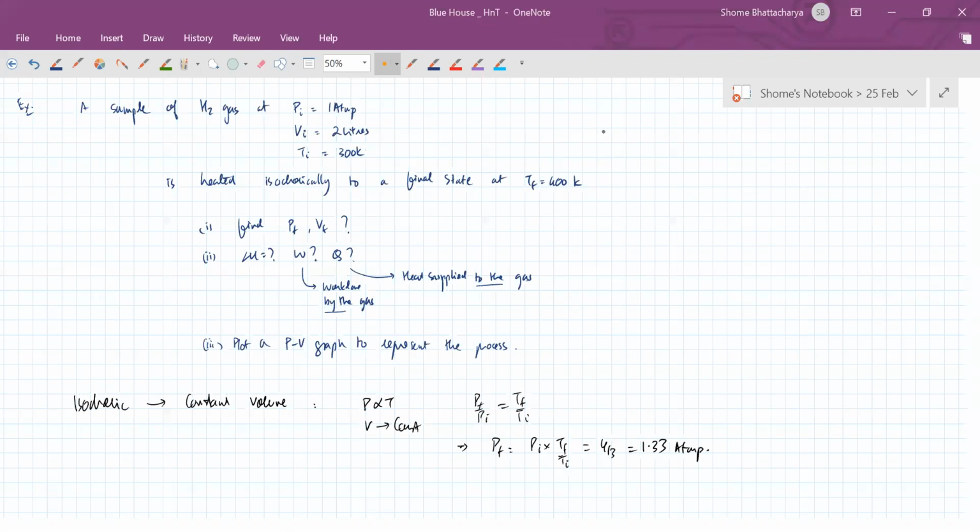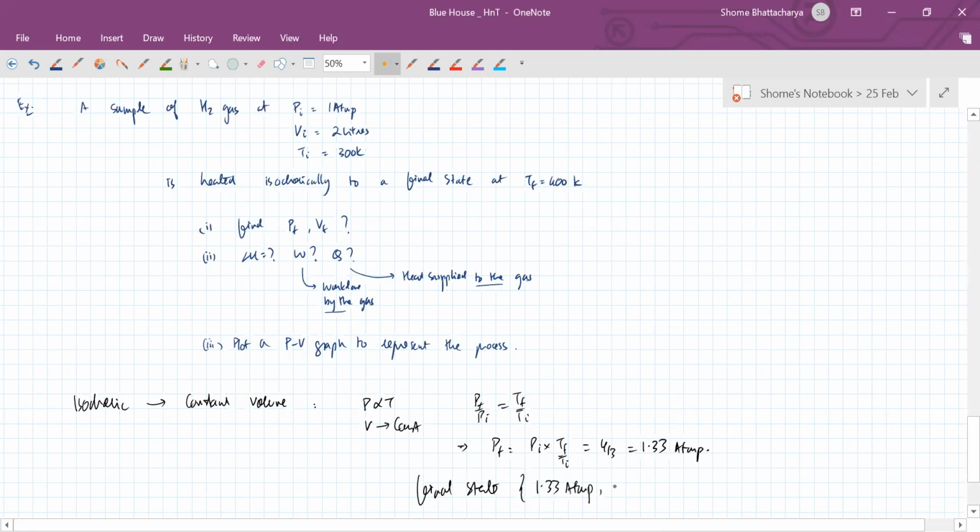So Prachi, you've given the value of Q in terms of R, but should it be in joules or liter atmosphere or what? You have to understand that also. Okay. So the final state will be 1.33 atmosphere, 2 liters, 400 Kelvin.